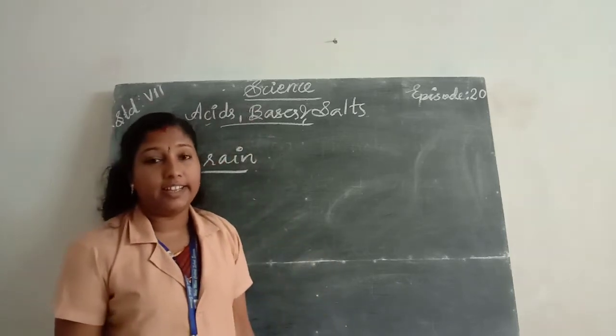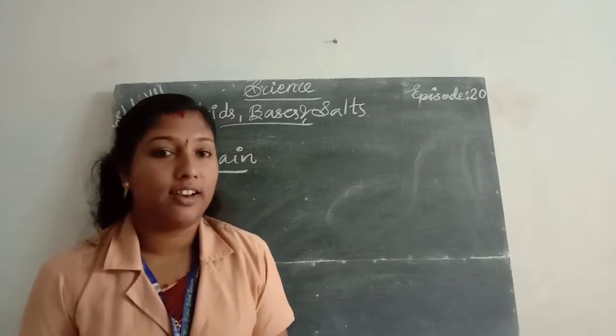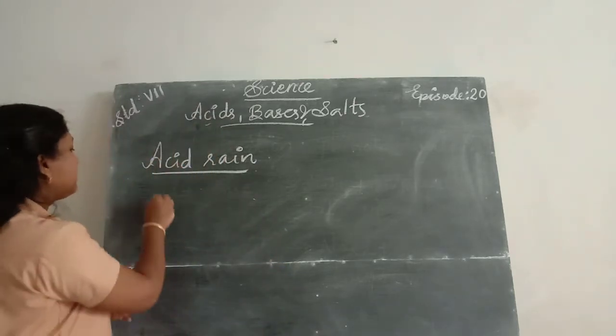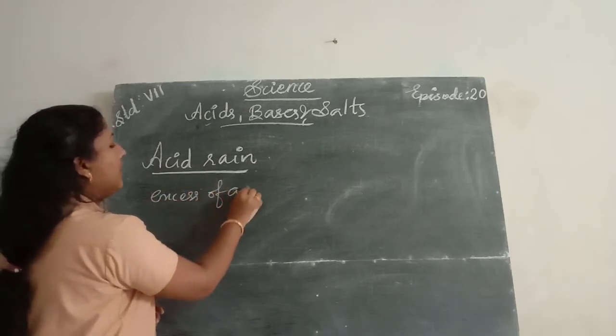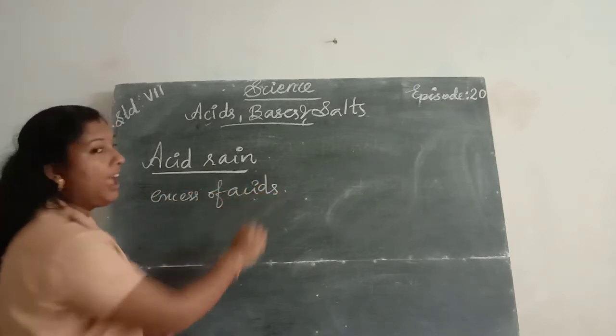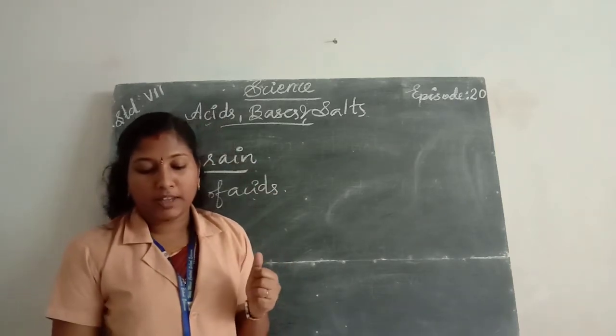The rain containing excess of acids is called acid rain. Then the rain becomes acidic.